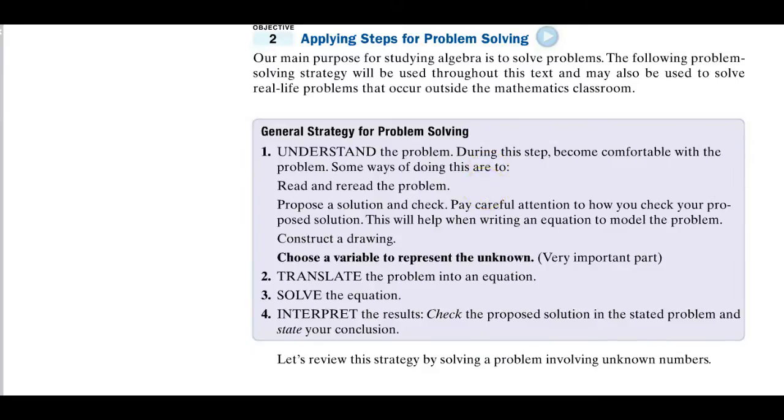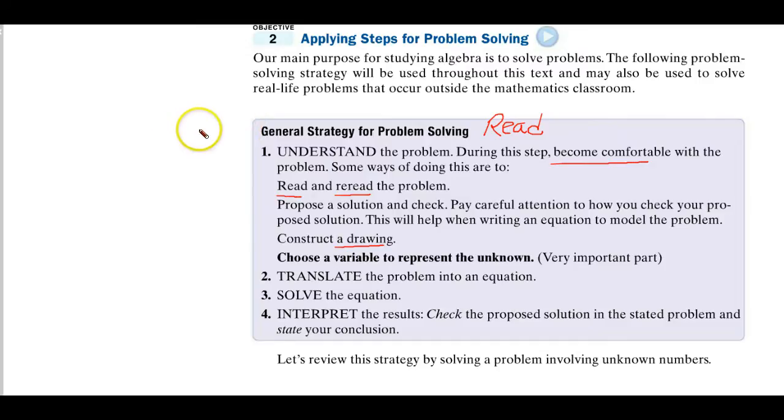The first one, we did some of this already, is to read, reread, read again, to become comfortable with what the problem is asking us to do. So read, reread. Now, what might help in some cases is to do a drawing, as we did for the triangle.